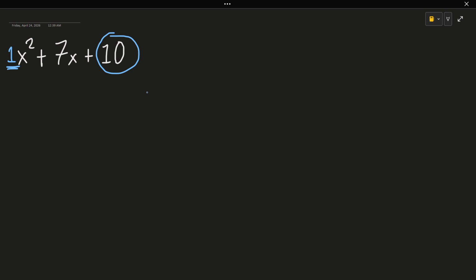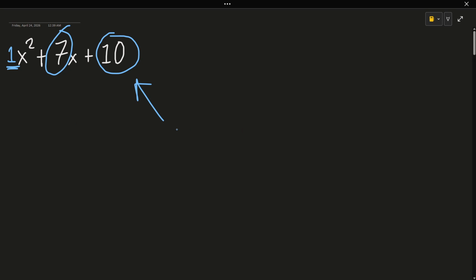Now, I want you to think of two numbers. Two numbers where if you multiply them together, the answer is 10. And if you add them together, the answer is positive 7. Again, two numbers where if you multiply them, the answer is 10, and if you add them, the answer is 7.